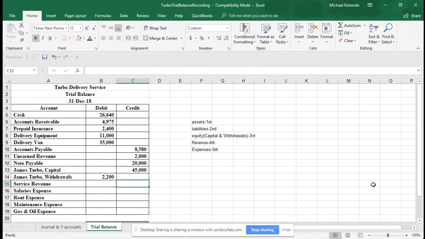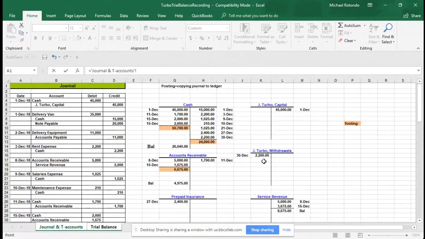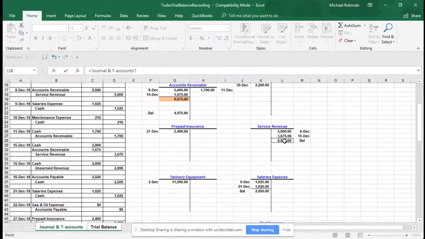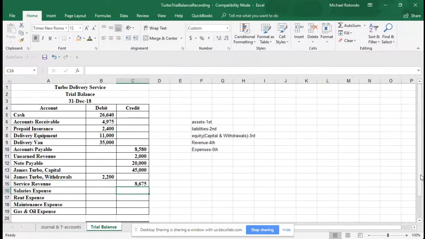Service revenue, we would expect to be a credit because that increases the owner's equity. So we're going to type in equals. We're going to go to Journal and T accounts, and we're going to pick up our balance for service revenue. Press enter. Now the expenses, we expect those to be debits because they're going to reduce the owner's equity.